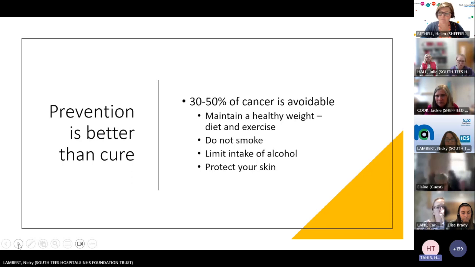These are messages that should be drilled into children from a very young age, and we're trying everything we can in primary care to get this on the agenda and to reinforce this wherever we can. But I suspect it's going to be lifetimes of work for many people to get this improvement. But I really love that message of getting it out there, that how much cancer is preventable with small lifestyle changes, and that's something that we should really cling on to, try and promote wherever we can. Yeah, fantastic. Thanks, Hassan.